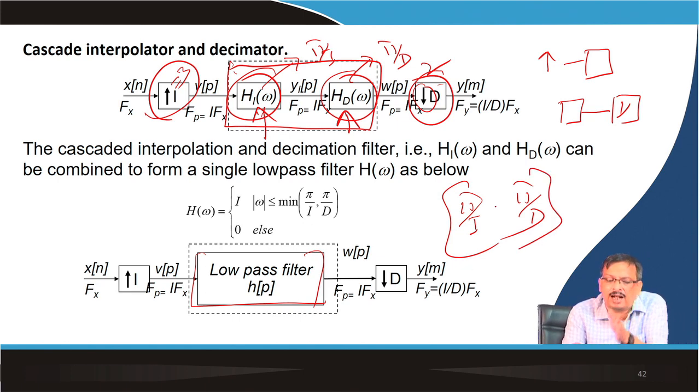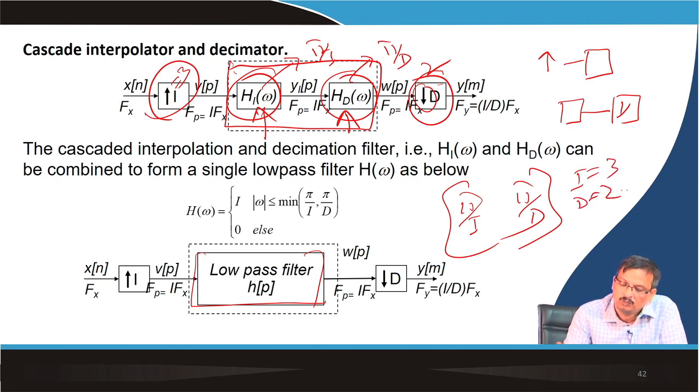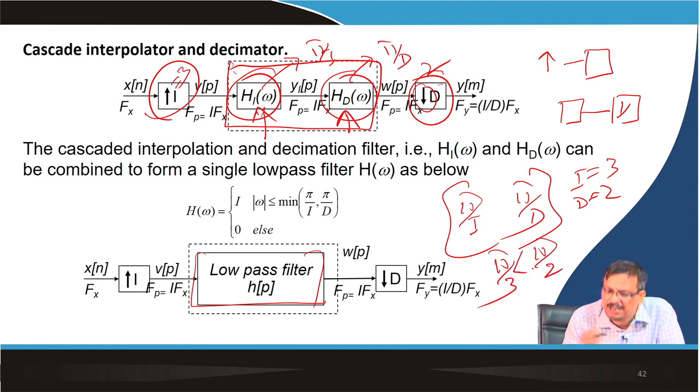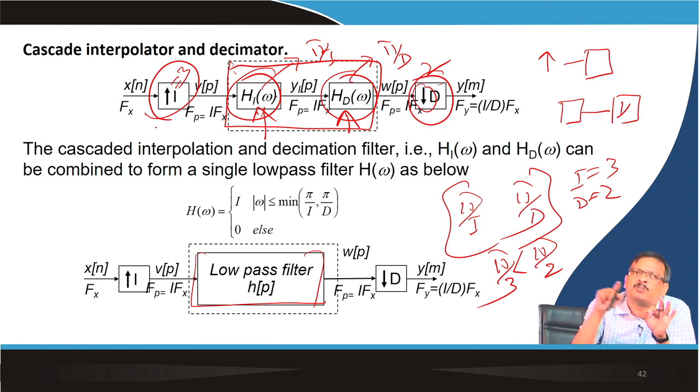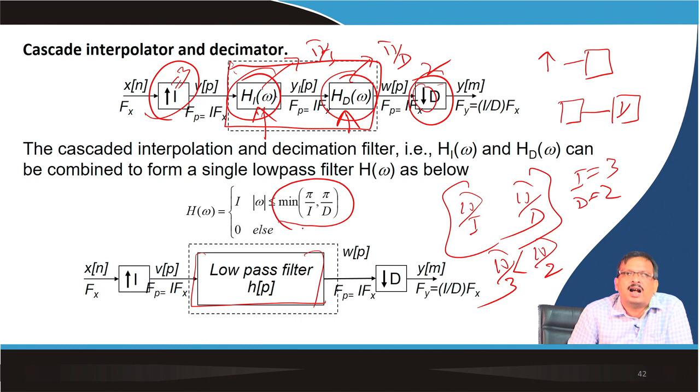So, let us say I equal to 3 and D equal to 2. If it is pi by 3, then it supports pi by 2, because pi by 3 is less than pi by 2. So, if I restrict the output signal of the upsampler to pi by 3, it will support the restriction of pi by 2. That is why I said the minima of this is required.